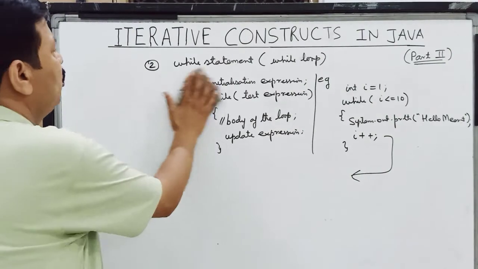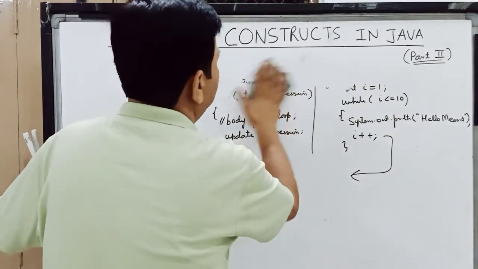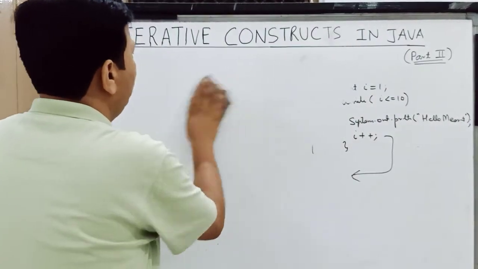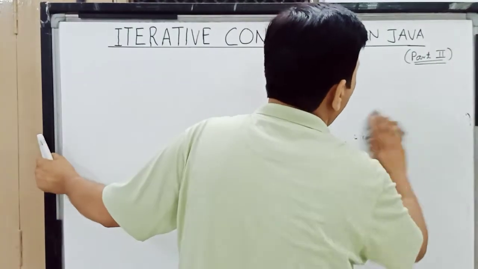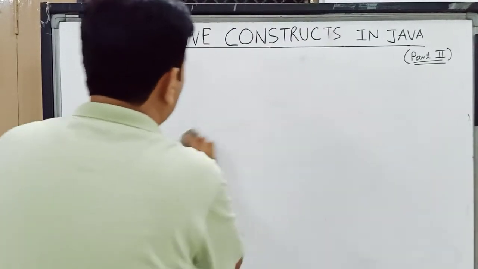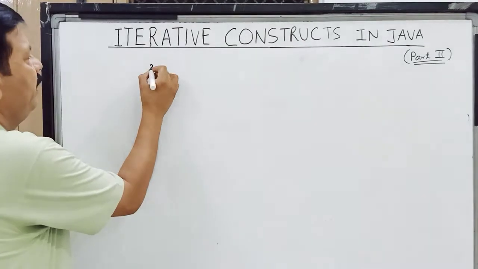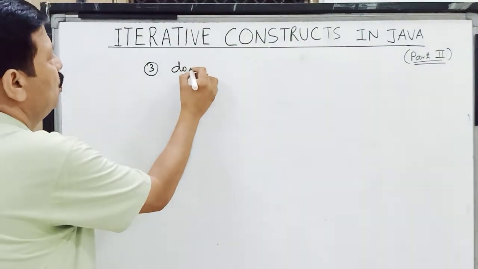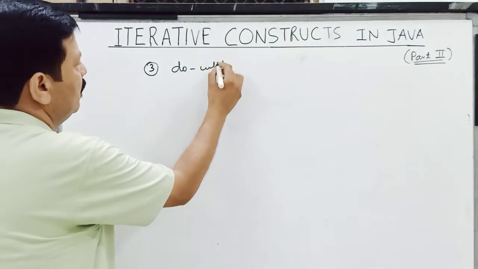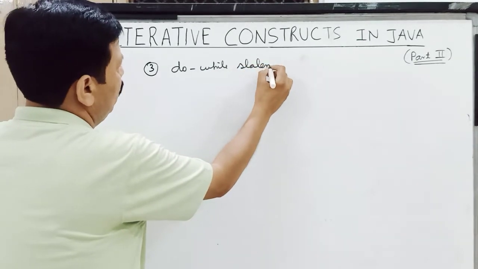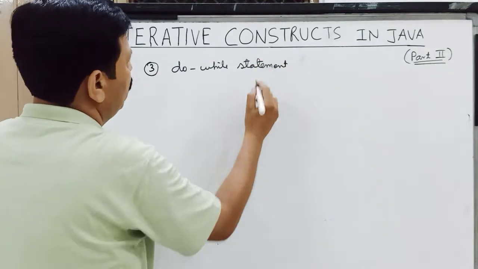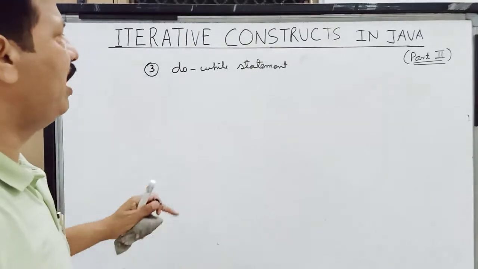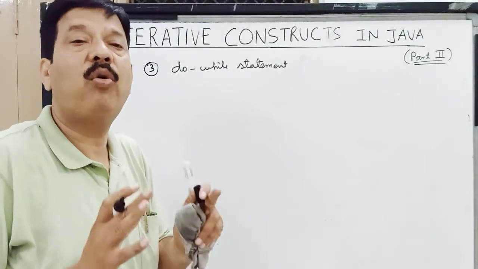Now children, we come to the last looping statement, and the last looping statement is the do while statement. So the third looping statement is do while statement. And children, one more thing I want you to know, that all these statements in Java which we are writing, they are written in small letter.